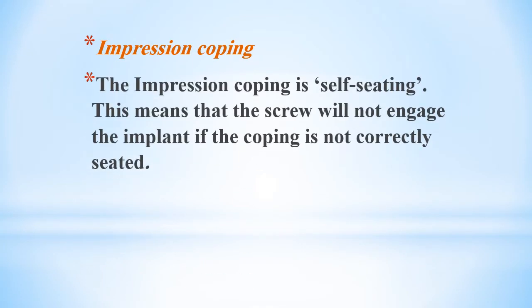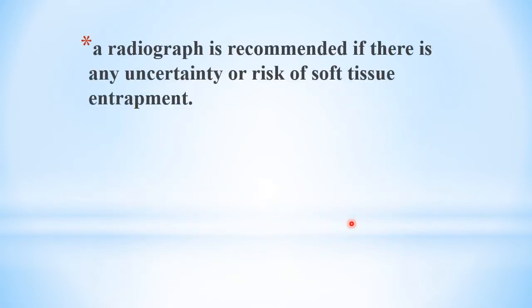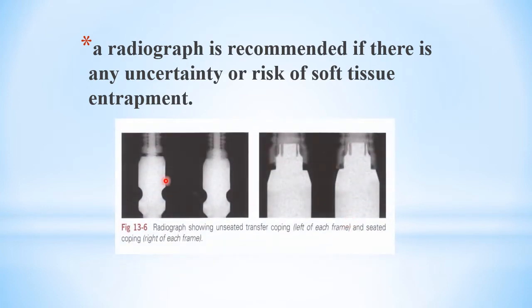Impression coping. The impression coping is self-seating. This means that the screw will not engage the implant if the coping is not correctly seated. A radiograph is recommended to see if there is any interference or a risk of soft tissue interposition.